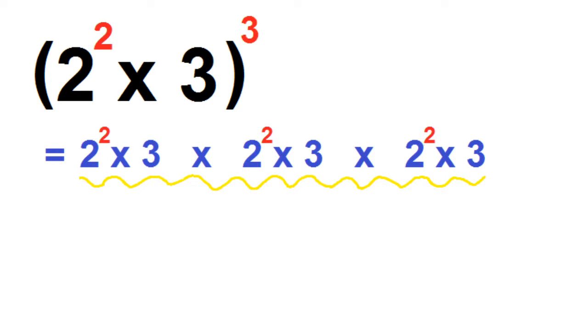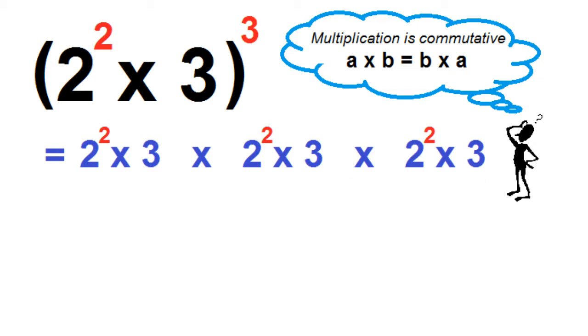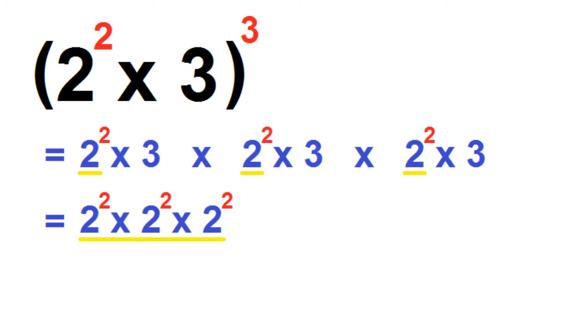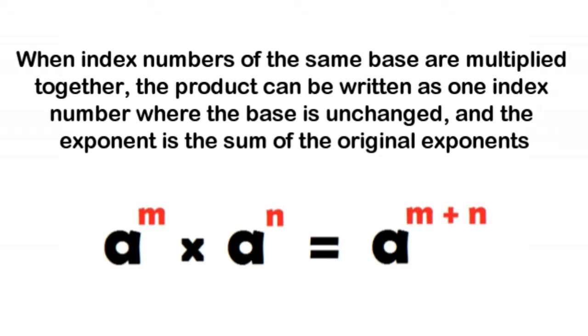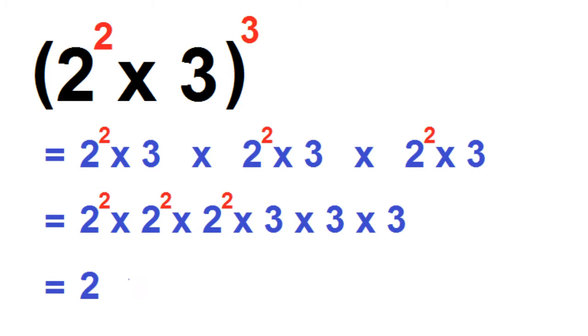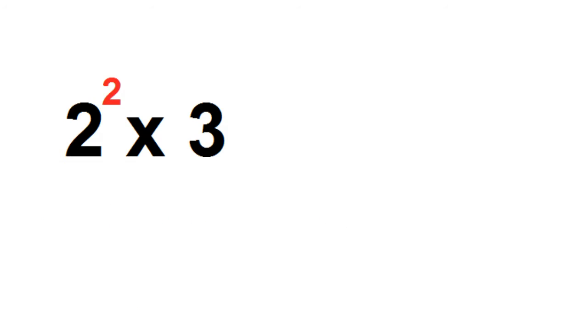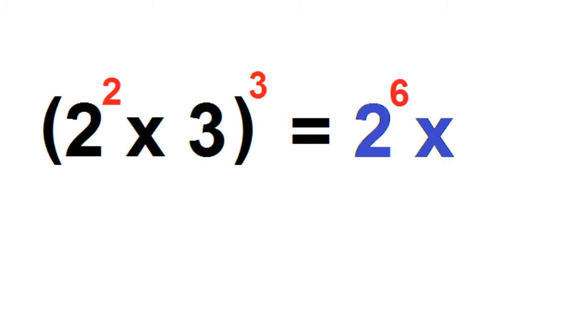We can rearrange this slightly because multiplication is commutative, so we can show this as 2 squared times 2 squared times 2 squared times 3 times 3 times 3. If we use the index law for multiplication, we'll get 2 to the power of 2 plus 2 plus 2 equals 6 times 3 cubed. So 2 squared times 3 in brackets cubed is equal to 2 to the power of 6 times 3 cubed.